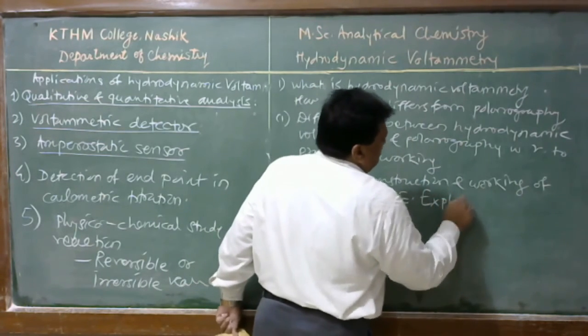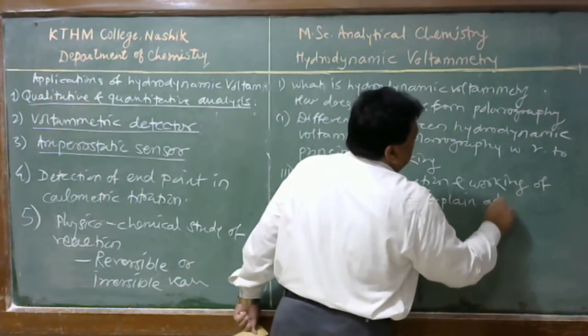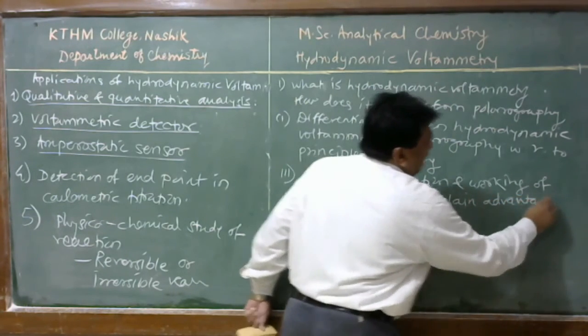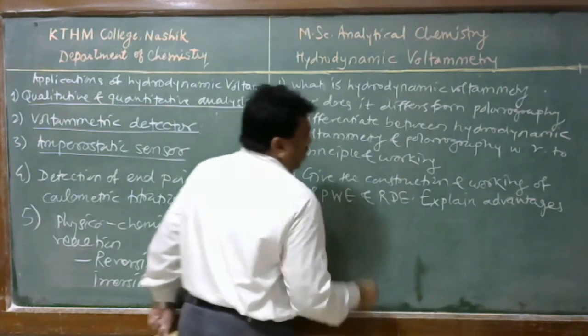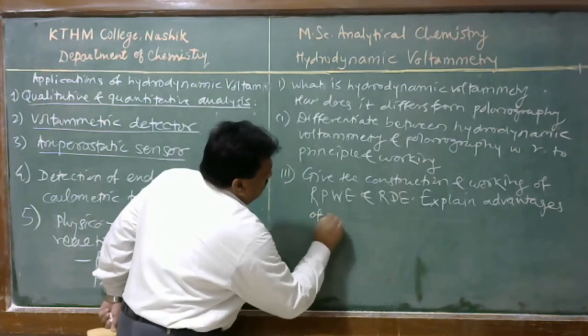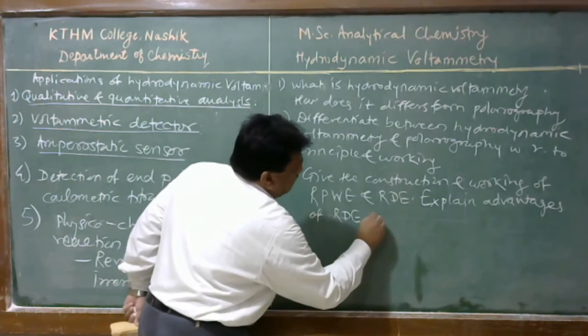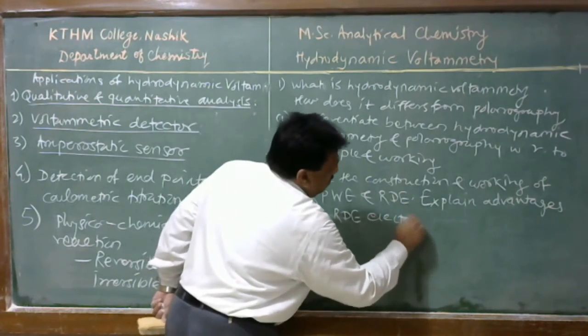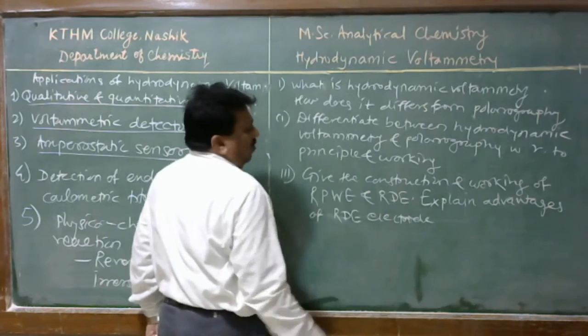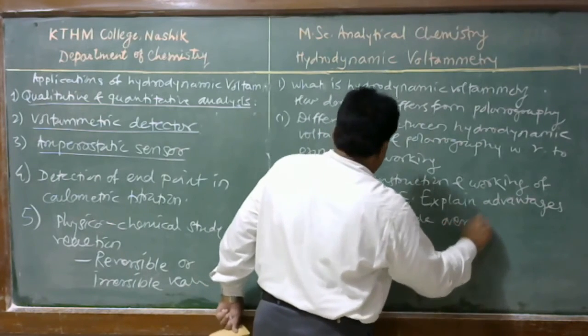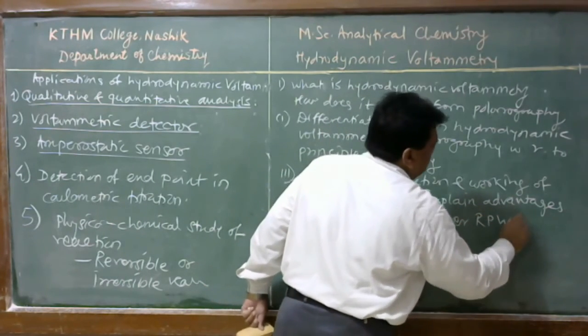Explain advantages of rotating disc electrode over rotating platinum wire electrode.